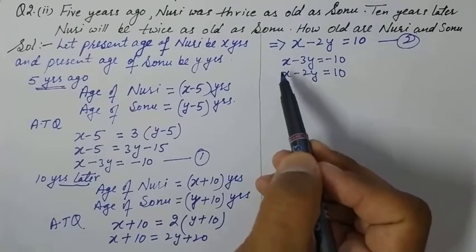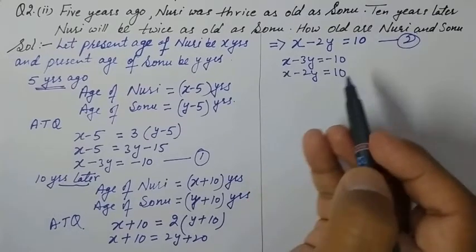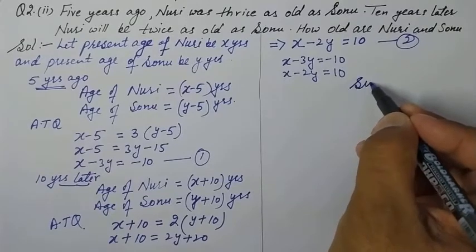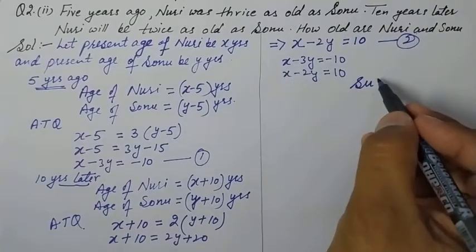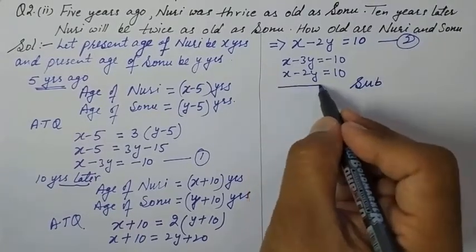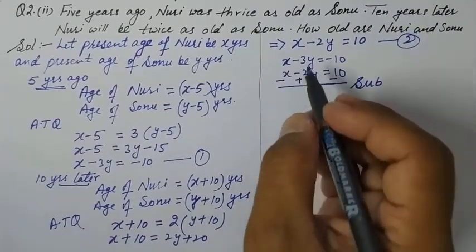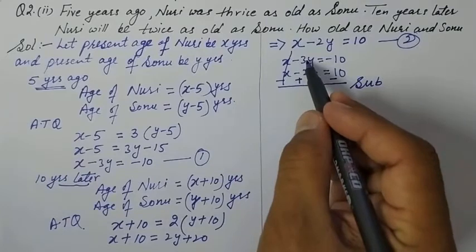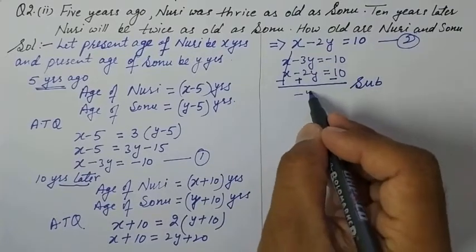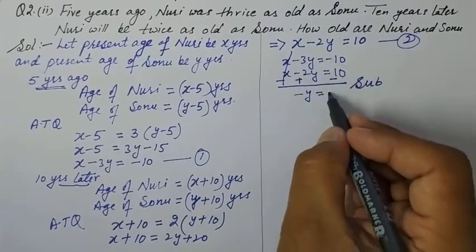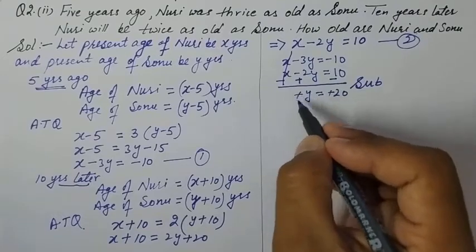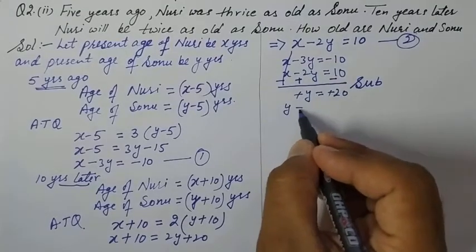If the signs were different, then we would add the equations. Here the signs are the same, plus 1, so we'll subtract the equations. Now the signs will change, minus plus minus. So x is cancelled. Minus 3y plus 2y is minus y. Minus 10 minus 10 is minus 20. Minus minus cancels, so y is 20.